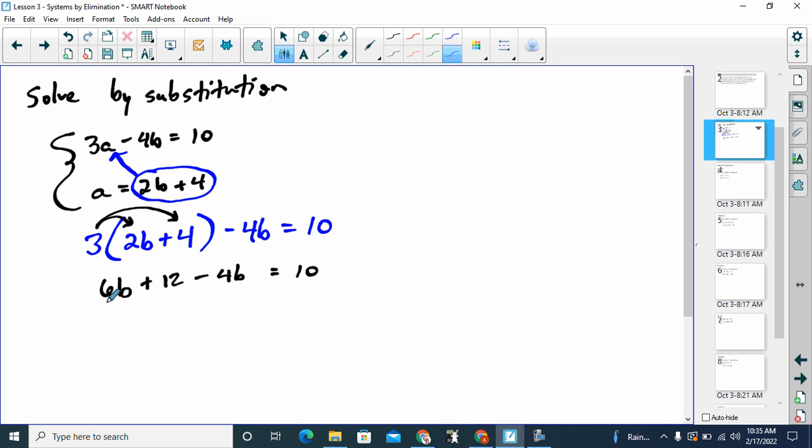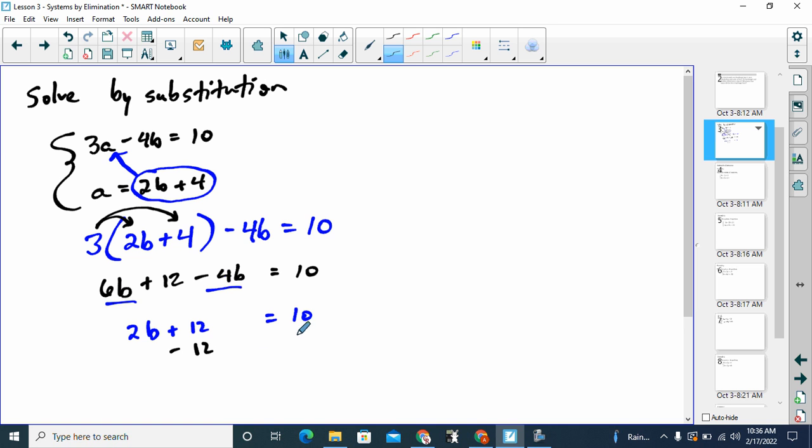I have some like terms. This 6b and this minus 4b are both on the same side of my equation. So I'm just going to combine them. 6b minus 4b is 2b plus 12 equals 10. And now I'm down to a two-step equation that we should be able to solve.